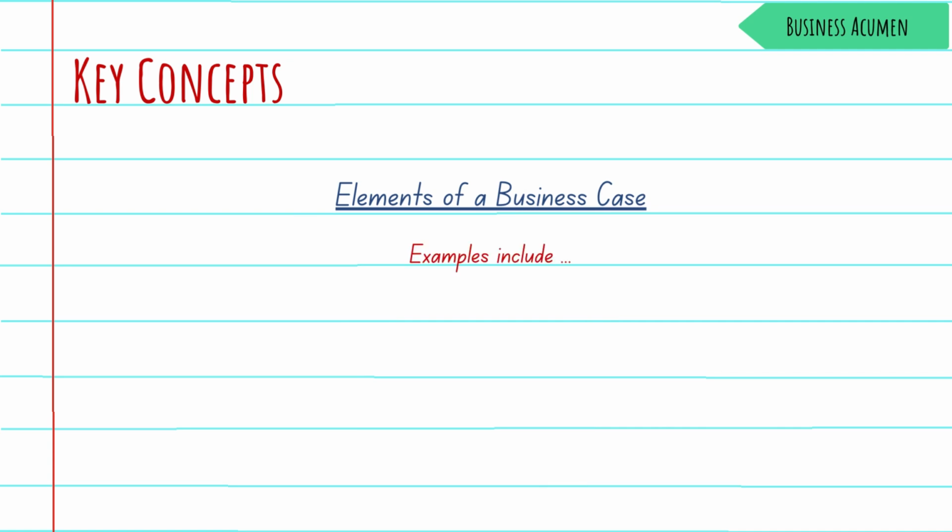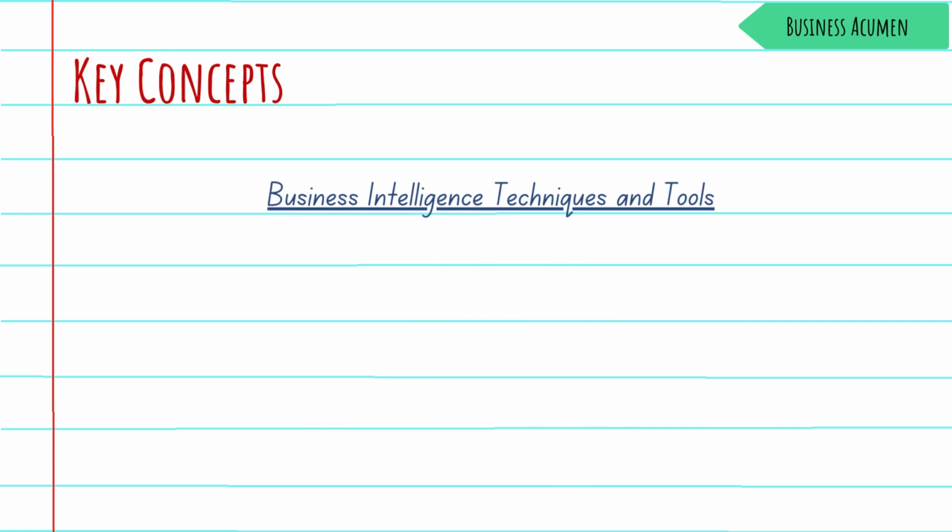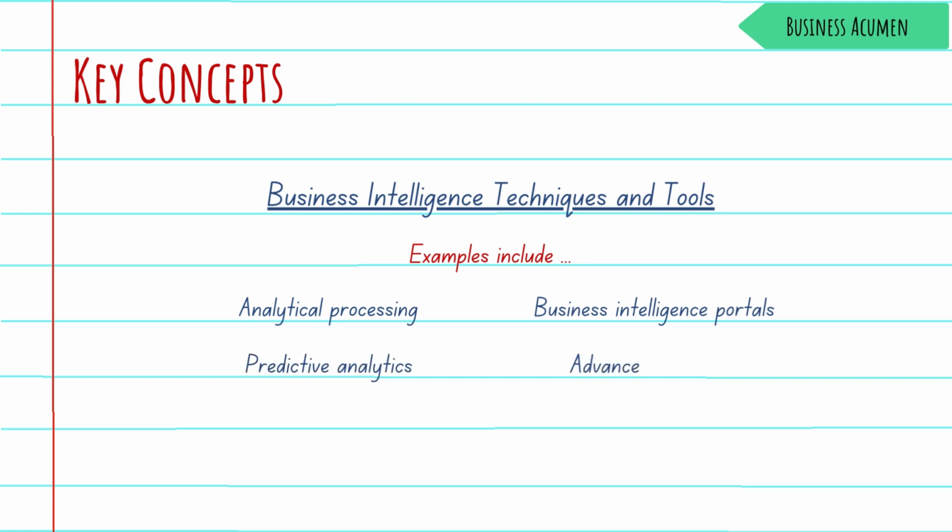Elements of a business case include executive summaries, benefits, and alignments with the organization's strategic goals. Business intelligence techniques and tools include analytical processing, business intelligence portals, predictive analytics, advanced analytics, trend analysis, scenario planning, and balanced scorecards.